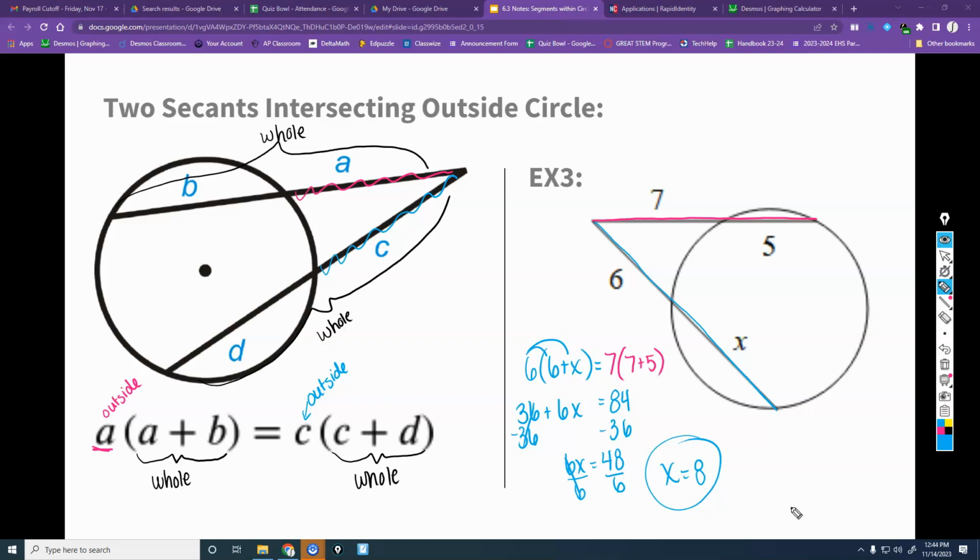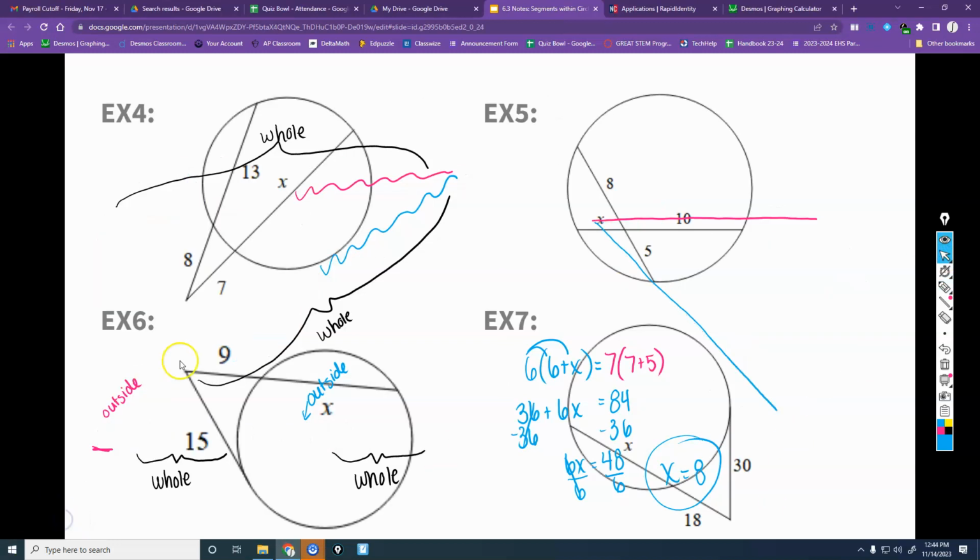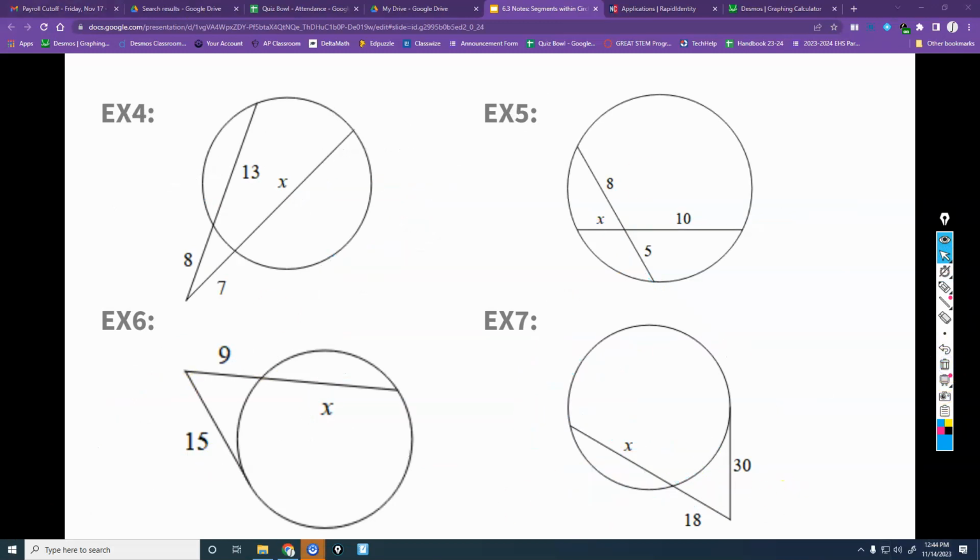Okay, everybody good here? All right, so I want you guys to try this next page. It's more of the same types of problems. I want you guys to try to do these on your own.